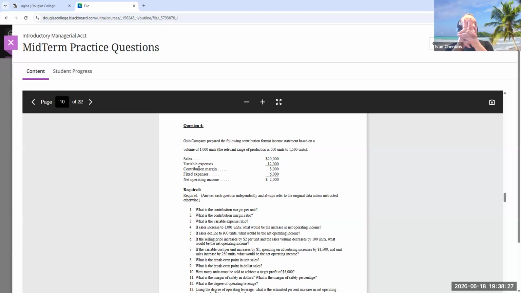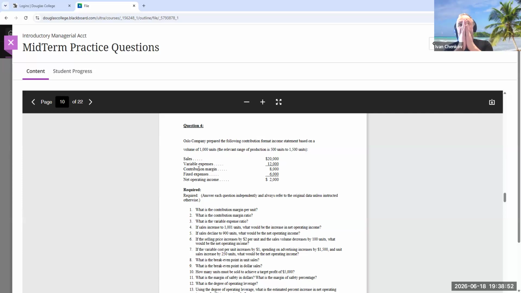Now, what you have to find out is the variable cost per unit, because we already know fixed cost in total doesn't change, and variable cost per unit doesn't change. Once we get the variable cost per unit, we can find out the sales price per unit and calculate the contribution margin per unit.